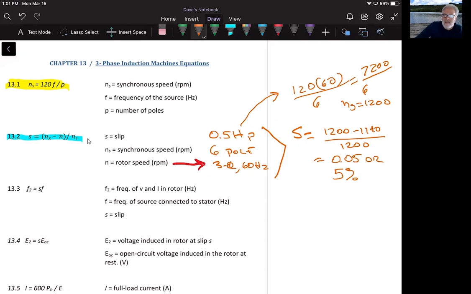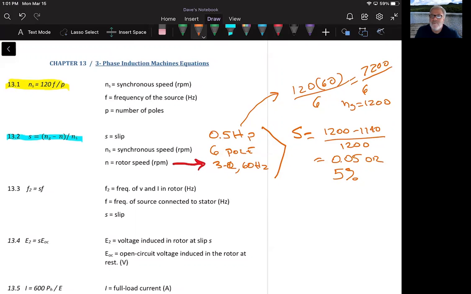And the way I'm going to say that is that this 3-phase induction motor has a motor slip of 5%. That's a common value. It's a reasonable, realistic value for a motor that's at full speed. And those are the kind of values that you should see when you're looking at a 3-phase induction motor.